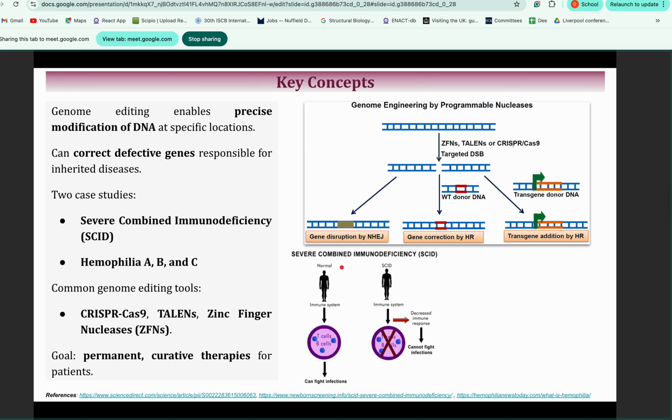So this is a kid. This is a normal person, and his immune system is better. He has T cells and B cells which are completely functional. Generally, T cells and B cells are responsible for fighting against infections. But if you are suffering from SCID, severe combined immunodeficiency, it's clear from the name, immunodeficiency.